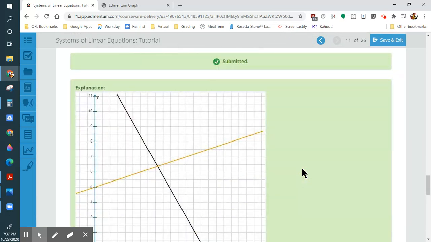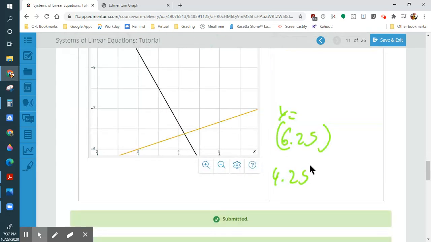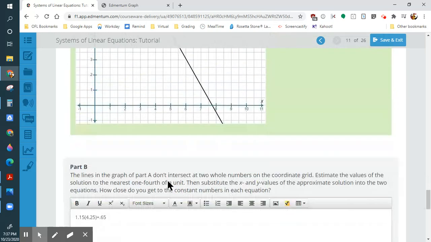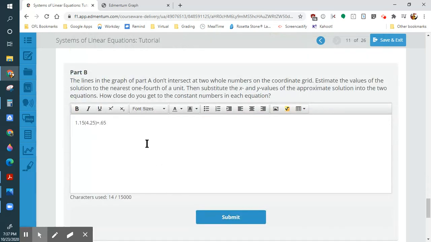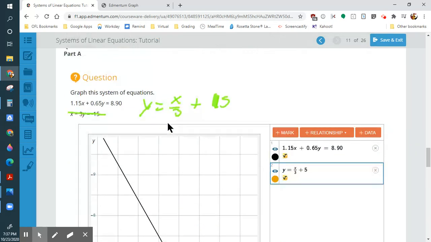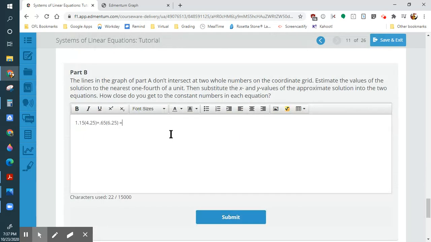Our y value is, what was our y value? Our y value is 6.25. I'm going to do 6.25. And according to this, our answer should be something like 8.9. 8.9. 9D if you really want to have that there.